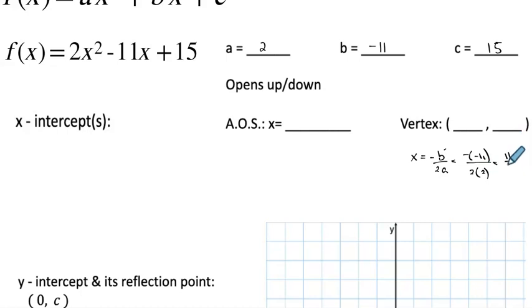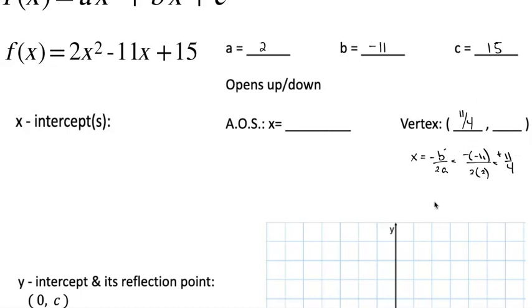So you get 11 over 4 as the x value of the vertex. Again, my b value is already negative, so it becomes positive. And then 2 times 2 is 4, and you get 11 over 4.